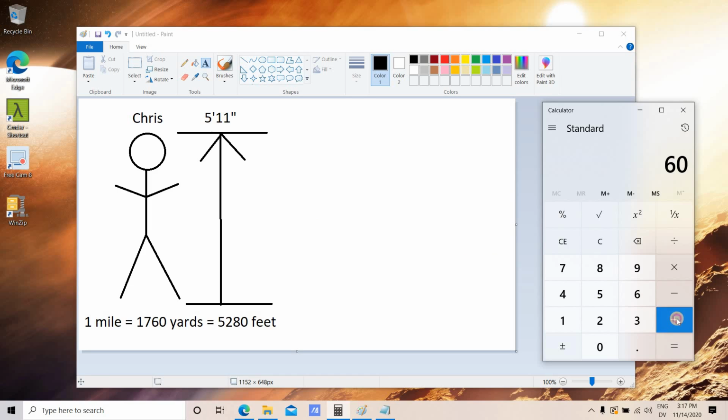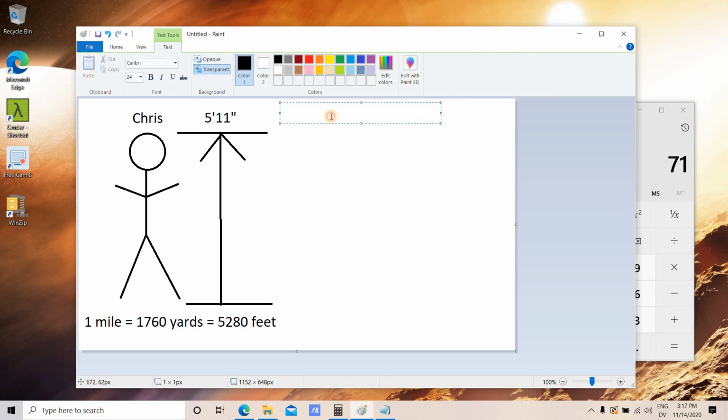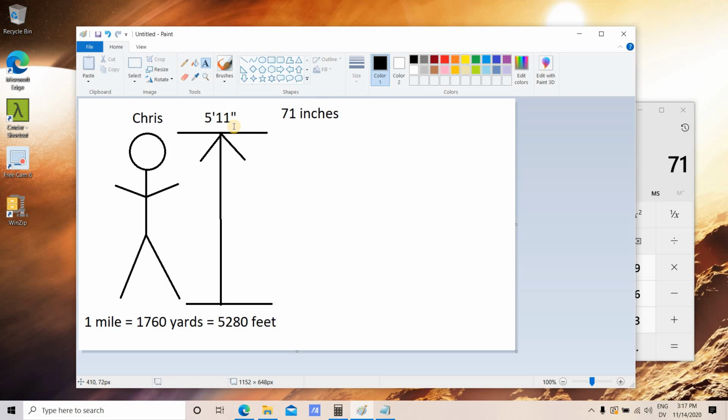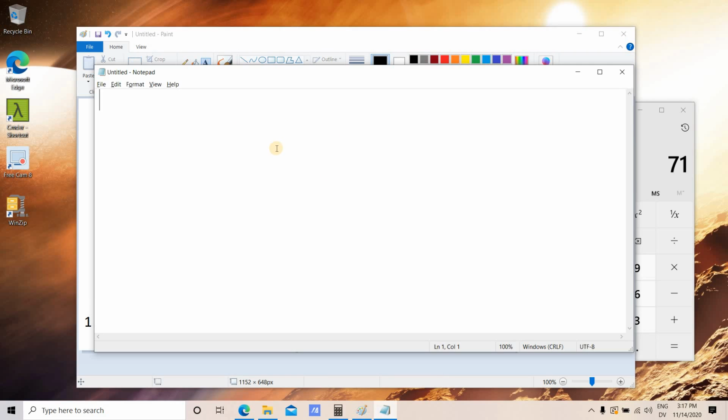So 60 plus 11, 71. We can say that in being 5'11", Chris is 71 inches.